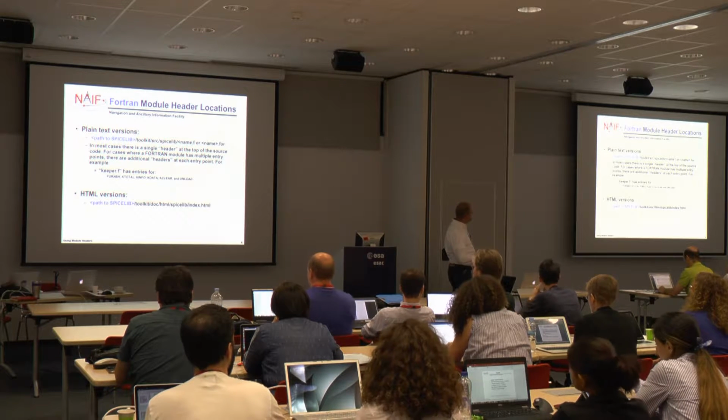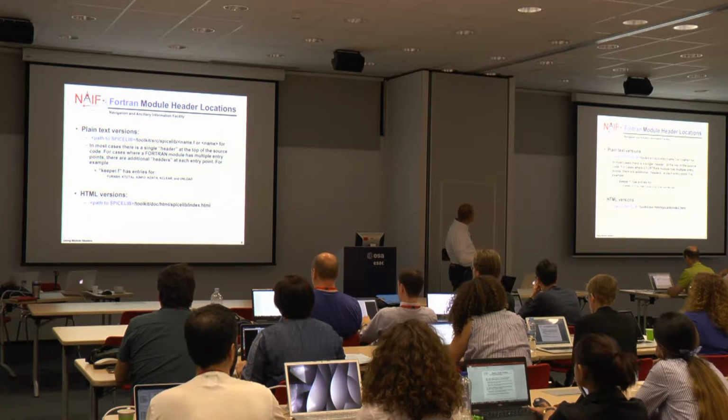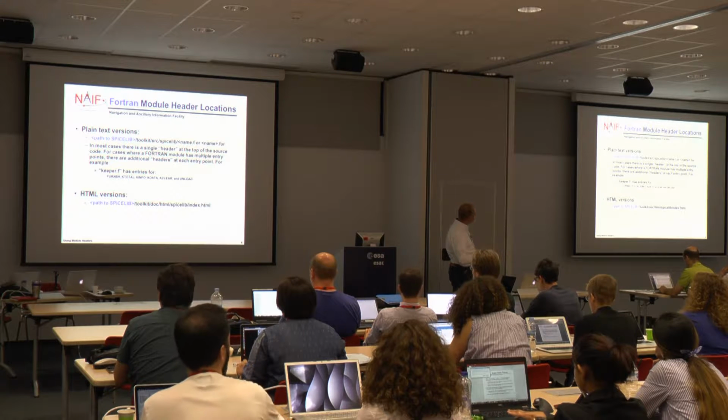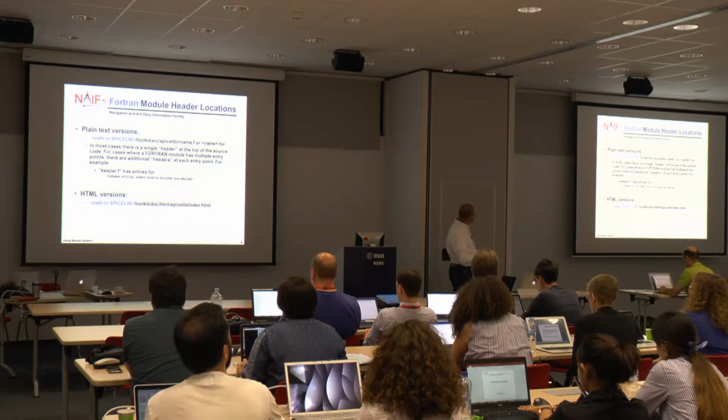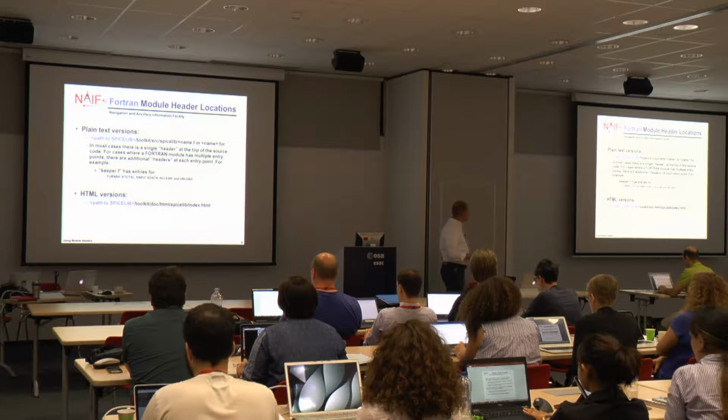The next few charts talk about where these modules are located. The plain text versions are located under the source directory, in the spicelib subdirectory, where the main library modules are, and they will be at the top of the files with extension .f or .for, which are Fortran source code.